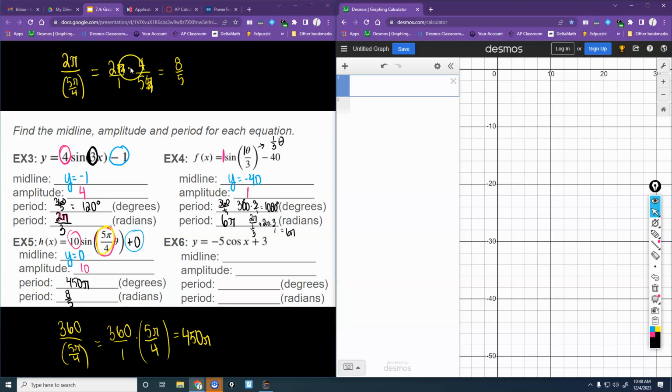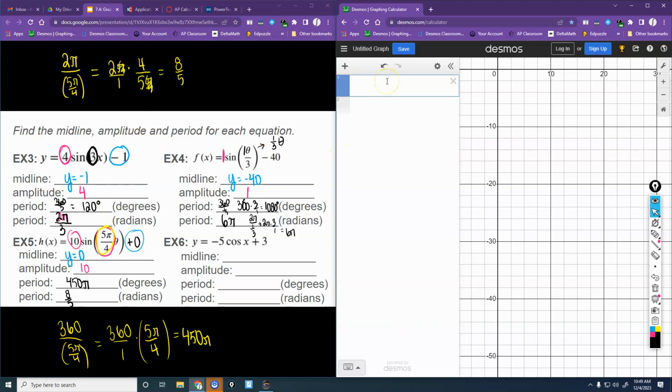So you got 2 pi times 4 over 5 pi. We flip this fraction right here upside down. If there is a pi in your fraction, it usually cancels. Like, for example 4, it did not because we just had a 1/3. So it was the same thing with fractions, but there was no pi to cancel out for that.